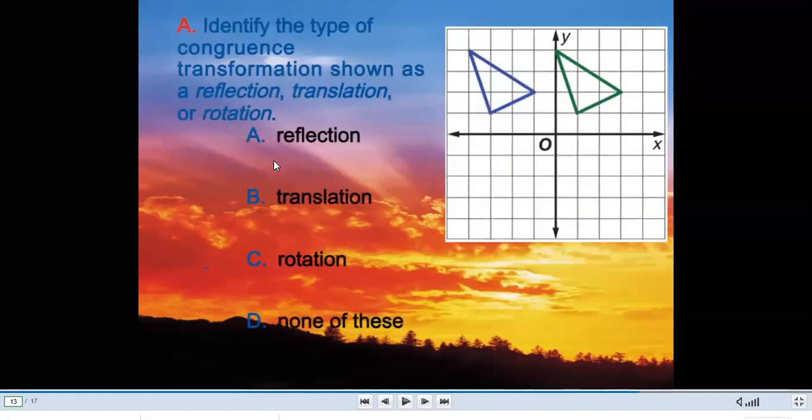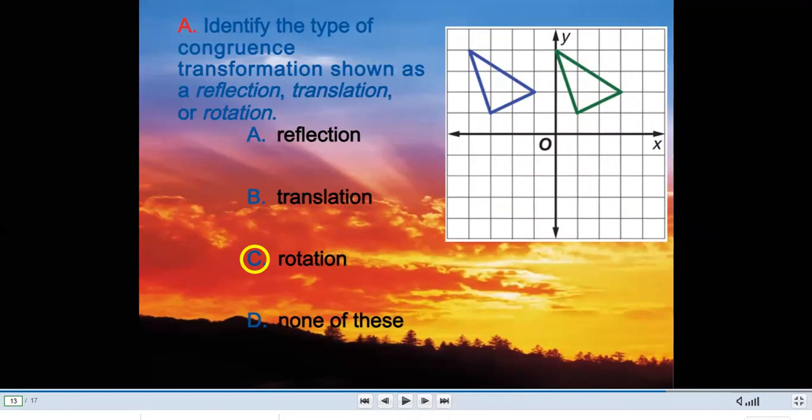What about this one? Reflection or translation or rotation or none of these? Translation. Identify the type of transformation shown: reflection, translation or rotation.